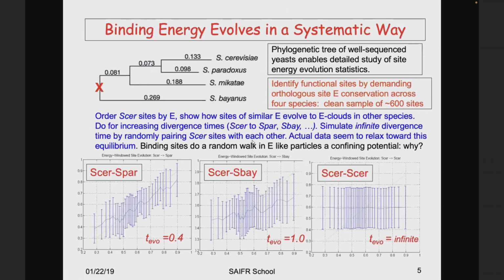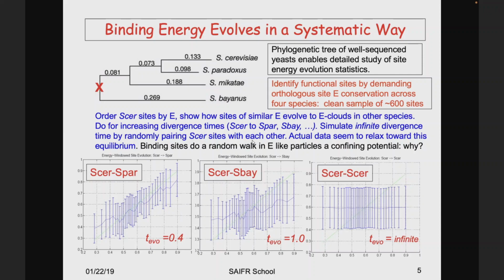All right. And in addition, if you go into this a little bit deeper, you find that if you look at something more complex than just the pairwise relation of two related species. In yeast, and presumably in a whole bunch of other organisms, you can look at the phylogenetic relationship between multiple species.